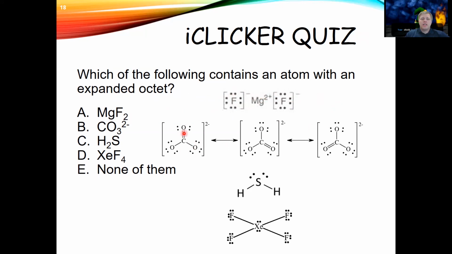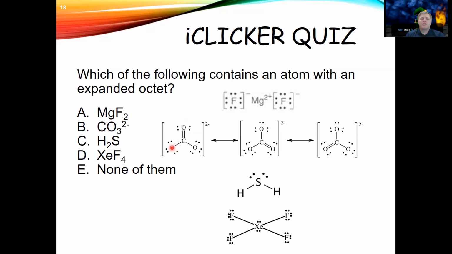Let's look at the carbonate ion. So here we have carbon in the middle. It's got 1, 2, 3, 4 bonds. It's normally coming with 4 valence electrons, so it's fine right there. It's got 4 bonds or 8 electrons around it. This top oxygen has 2 lone pairs and 2 bonds. So add that up, we've got 4 electron regions or 8 electrons on that top oxygen.